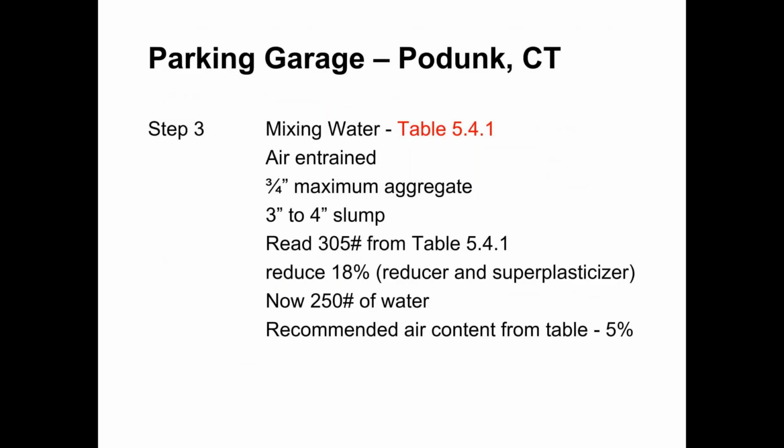All right, next let's look at our mixing water. So we go to table 5.4.1. In this example, our mix is going to be air entrained, so make sure that you are looking at the air entrained section of table 5.4.1. We have a 3/4 inch maximum aggregate and a 3 to 4 inch natural slump.